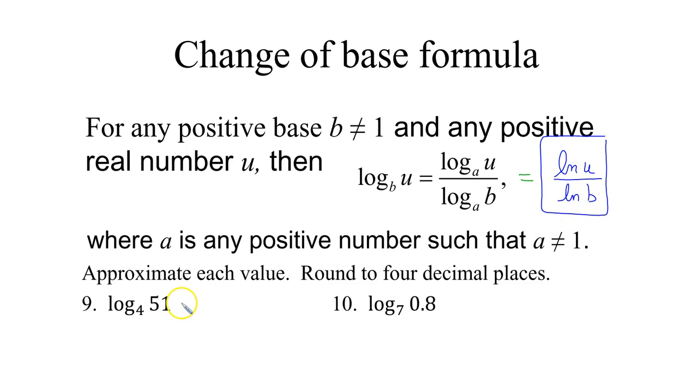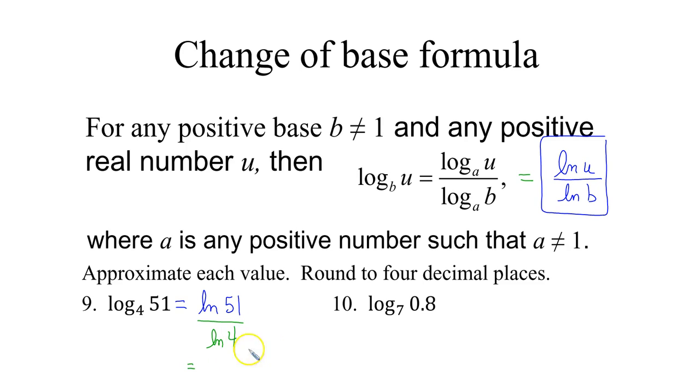Now, if I want to get an approximate value, then that's what I'm going to do here. So I'm going to write this as a quotient, and this is going to be the natural log of 51 divided by the natural log of the base, which is 4. And we'll put this into a calculator.